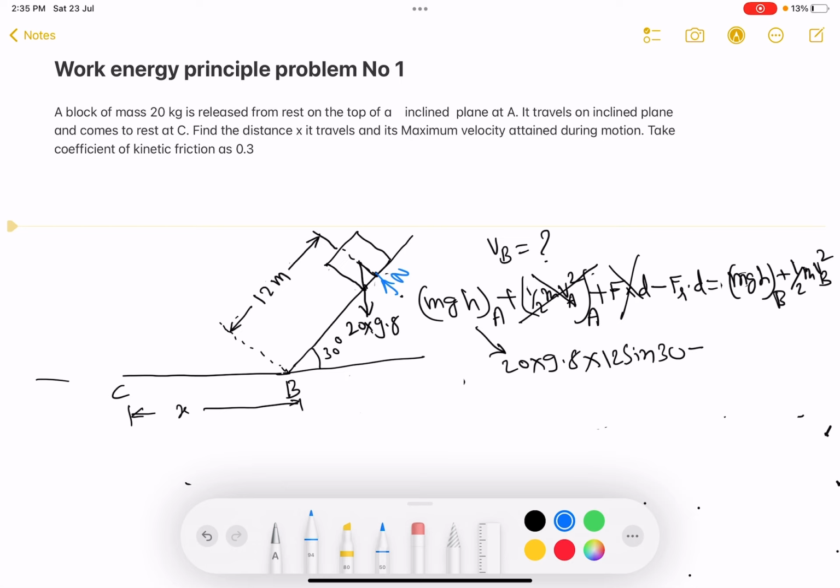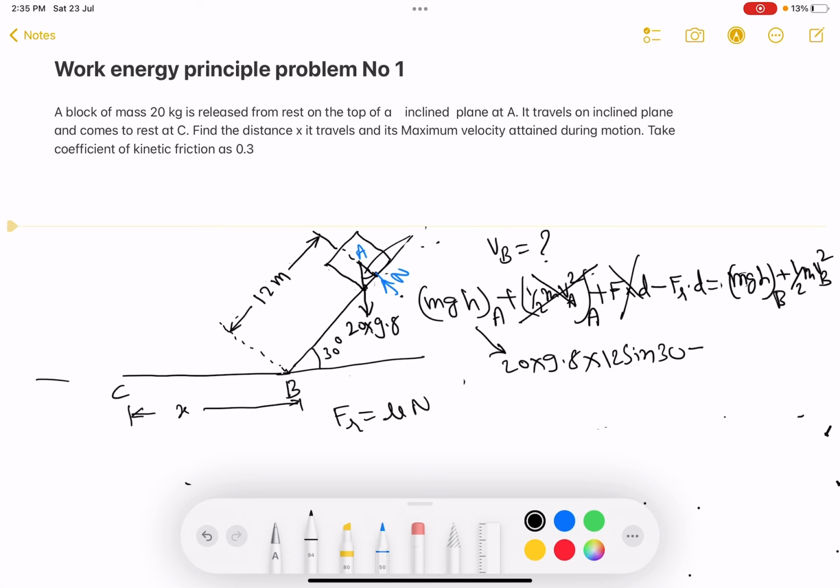And we know the frictional force when the block is coming from A to B. So the frictional force acting when the block slides from A to B, let's say Fr, is equal to mu into N. Now what is N? We want to find N. You can see that this angle is 30, so obviously this angle is also 30, right?